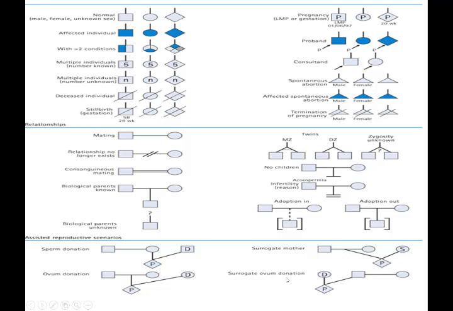And surrogate ovum donation means the lady in the couple has problems with the uterus to have the fetus grown in her uterus, and also has some kind of genetic autosomal recessive disorder where they need to omit the genes from one of the persons in the couple.